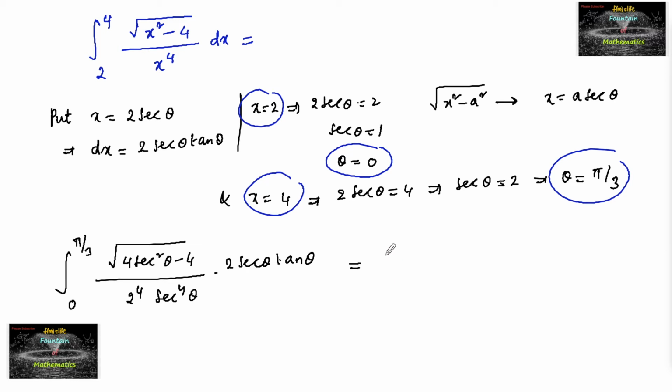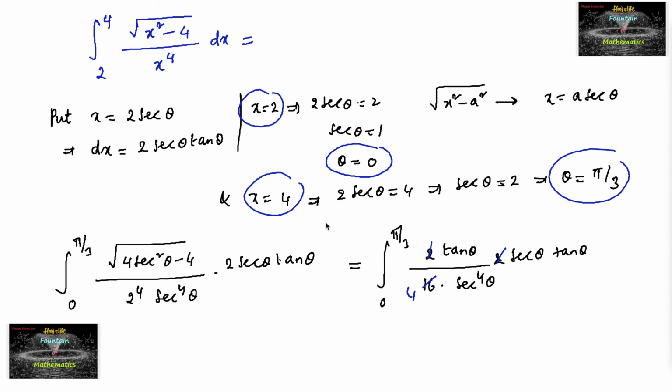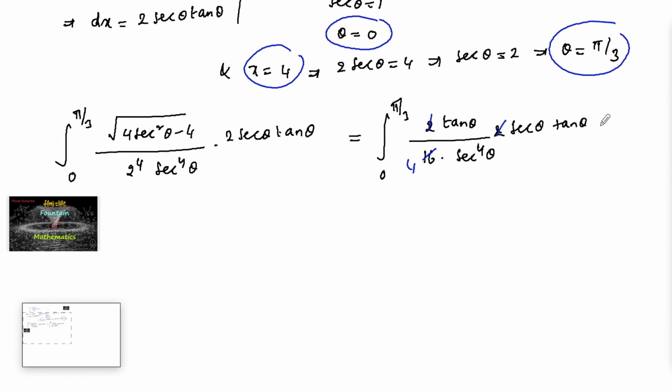So root over 4 times secant square theta minus 1 is tan square theta, square root of 4 is 2, so we can write 2 tan theta upon 2 power 4, that is 16, and secant power 4 theta into 2 secant theta tan theta. So let us cancel here: 2 and 2 are 4, 4 and 4 are 16, and also secant theta gets cancelled.